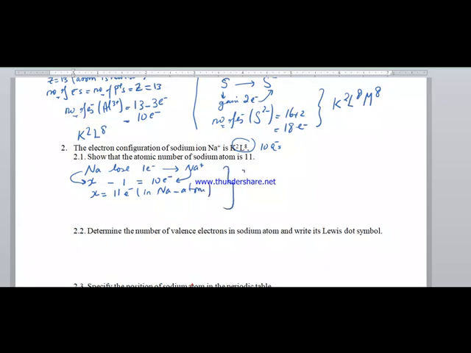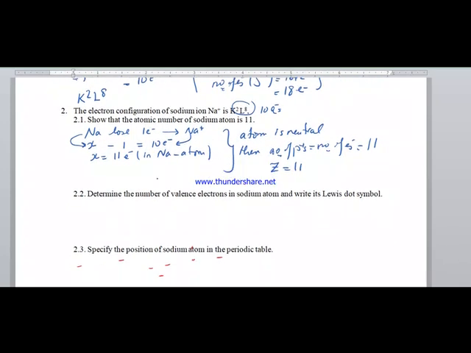Since the atom is neutral, the number of protons equals the number of electrons, equal to 11. So the atomic number is equal to 11. This is how I proved it: after finding 11 electrons in the atom, we have 10 electrons in the sodium ion. We calculate the number of electrons in the sodium atom as X minus 1 equals 10, a mathematical relation, so X equals 11.